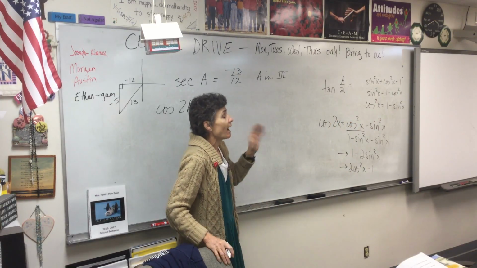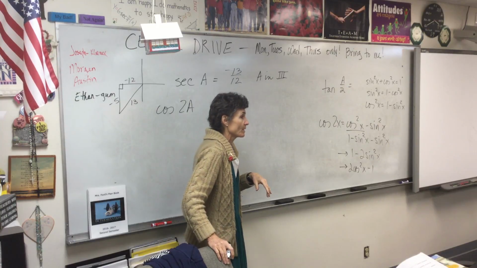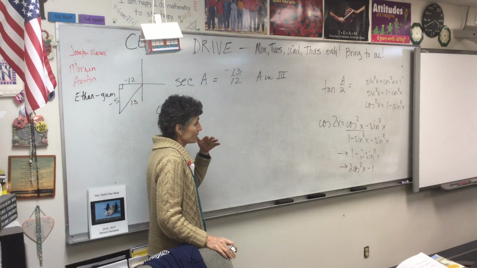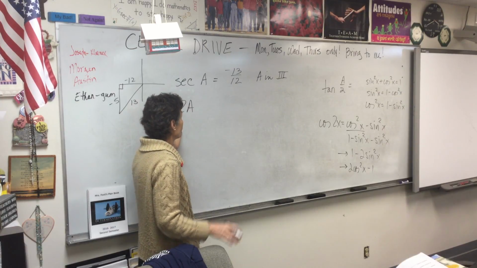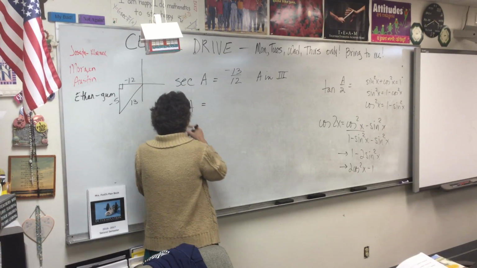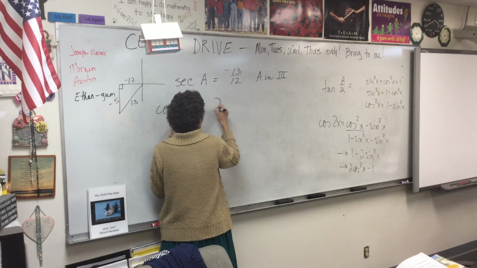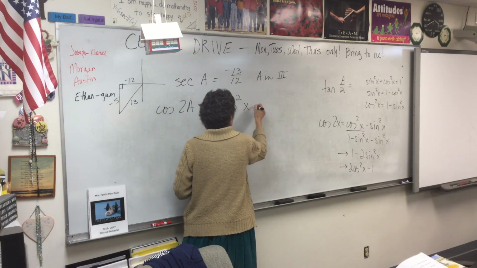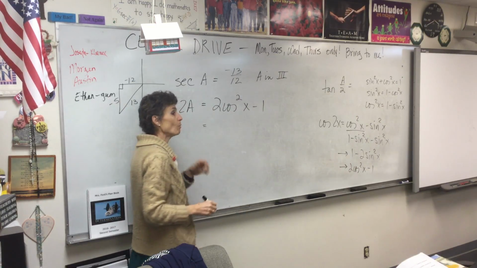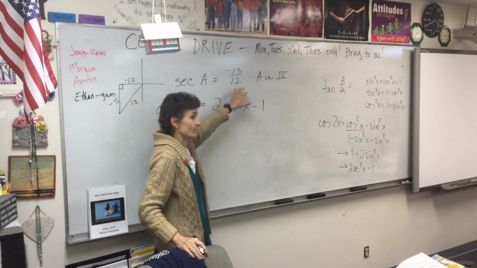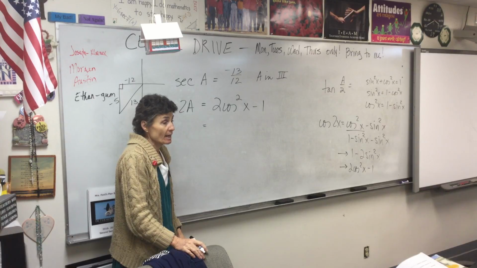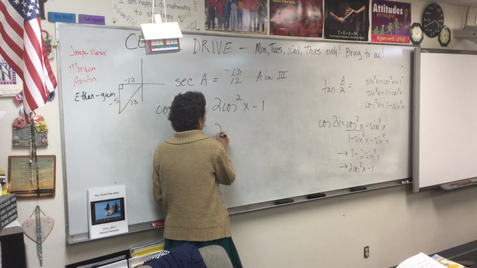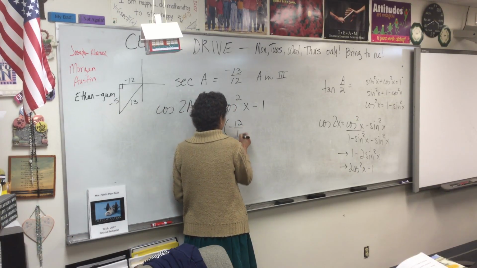So the question is, how do I know which one to use? Well, it never really makes any difference. In this problem, though, I probably would do 2 cosine squared minus 1. Because what was given to me? The secant. And if I know the secant, don't I automatically know the cosine?